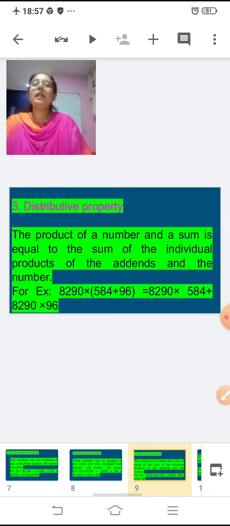The third property, distributive property, tells us that the product of a number and the sum is equal to the sum of the individual products of the addends and the number. Either you add the numbers in the brackets first and then multiply by the number, or multiply each number by the first number and then add, and the answer will remain the same.